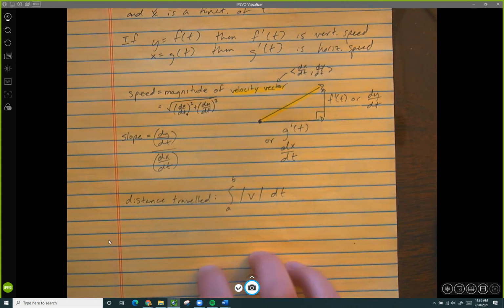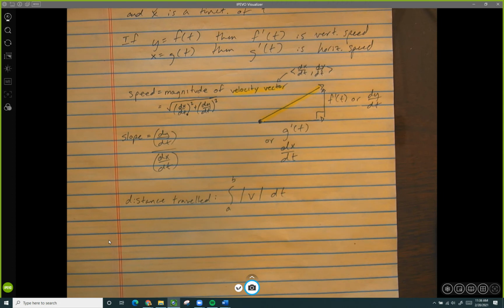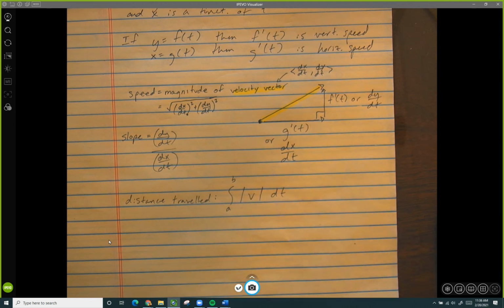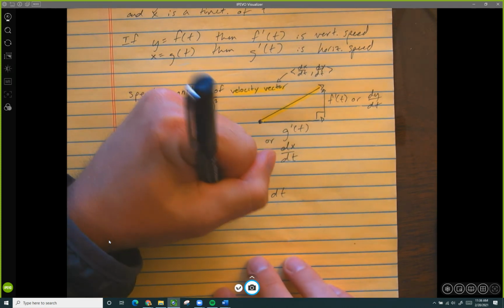If you're running around a track and you start and stop in the same location, that doesn't mean you didn't travel any distance. That's why we have to have the absolute value there, in case you turn around and run backwards. It doesn't mean that distance is being negated, so to speak. So that's the simple way to write it.